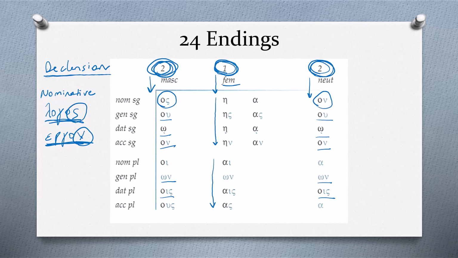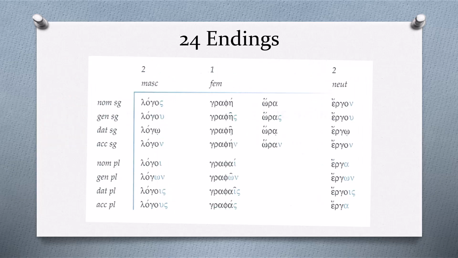And there's other feminine nouns that in the singular are going to have a stem vowel of alpha, and they remain alpha in the plural. This might all sound a little esoteric right now, but the more we see these nouns in action, the easier it's going to be to identify them. So here we see the noun endings as they would be attached to nouns. In the masculine column, we have the word logos. In the feminine column, the word graphe, which has the eta, right?